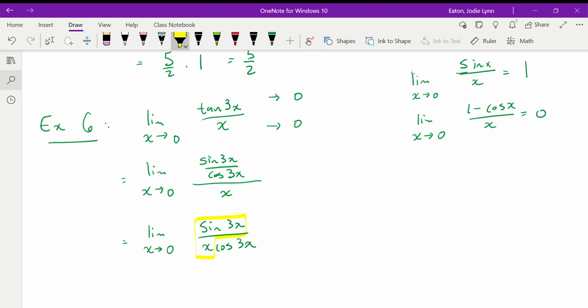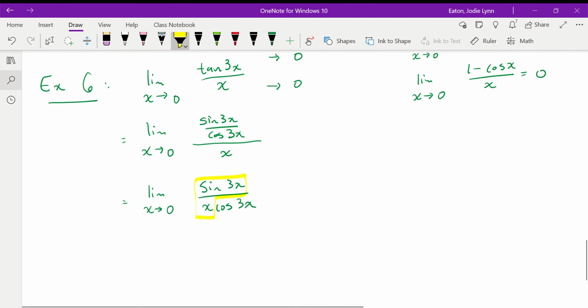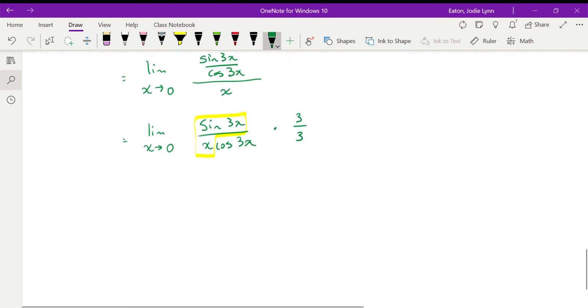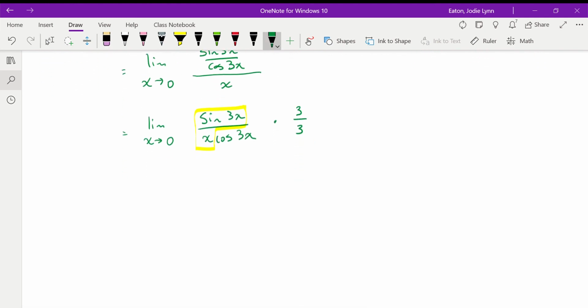The problem is I don't have a 3 in the denominator. But putting a 3 in the denominator is relatively easy. I just have to multiply numerator and denominator by 3. I'm going to multiply by 3 over 3. So I've got now the limit as x approaches 0 of 3 sine 3x over 3x, we need that 3 in the denominator, cosine 3x.